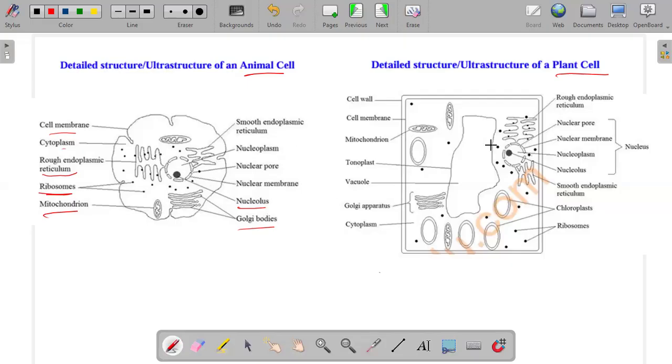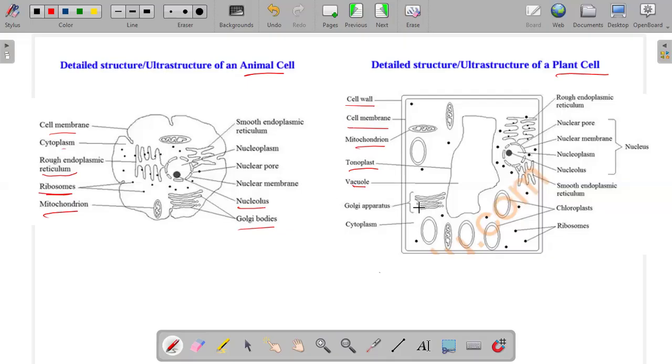Then when we move to the plant cell, you have a cell wall first, which is the outermost part. Then you have a cell membrane, and your mitochondrion. Then you have your vacuole, and the membrane of the vacuole is called the tonoplast. Then you have the Golgi apparatus here.